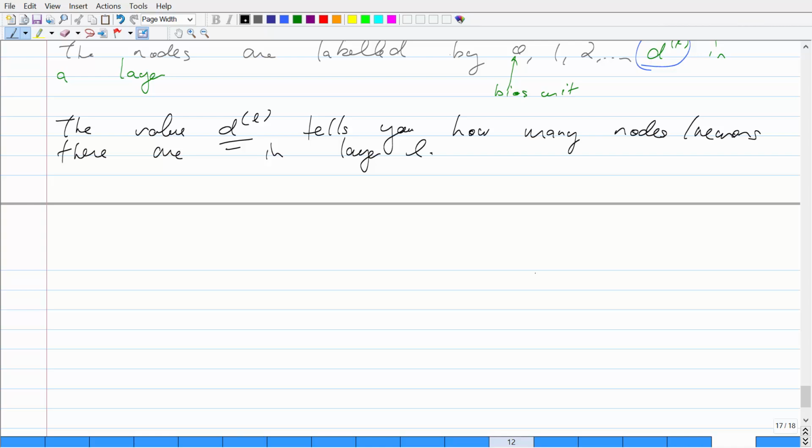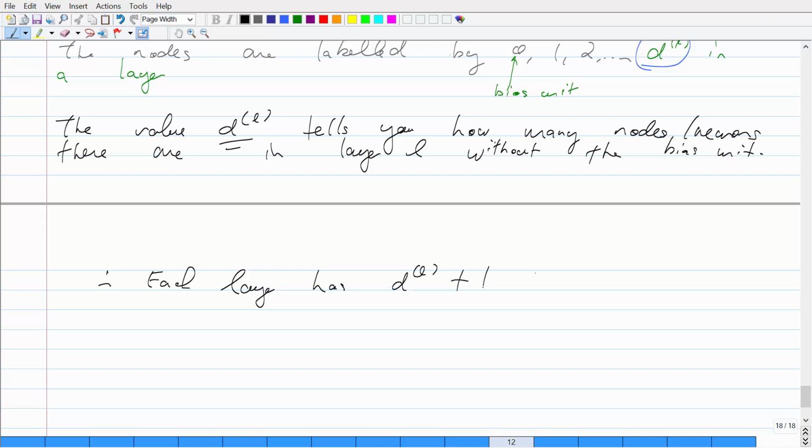We'll talk about that later, but I just want to lay this out. It excludes the bias unit, so the bias unit is not counted. Therefore each layer has D sub L plus 1 nodes to account for the bias. Okay?